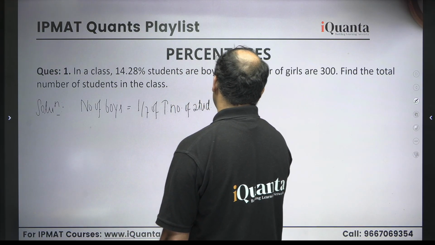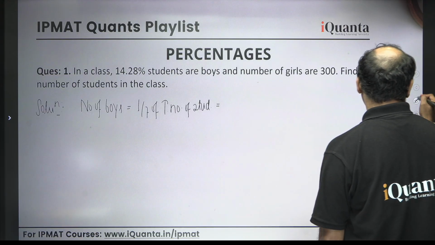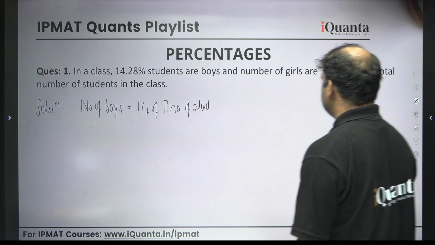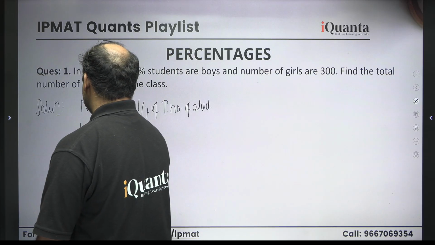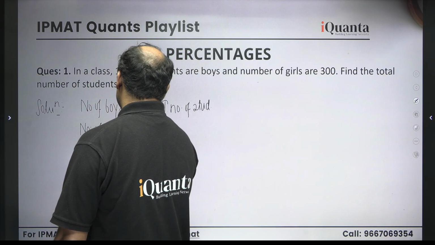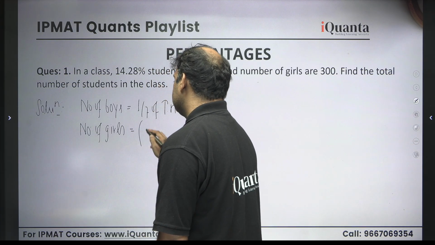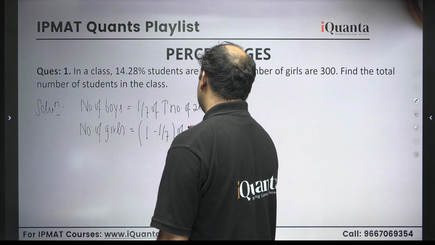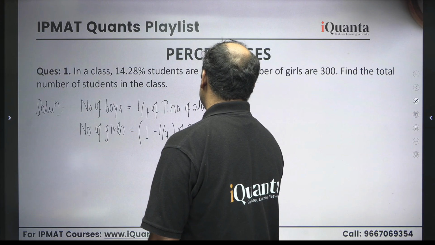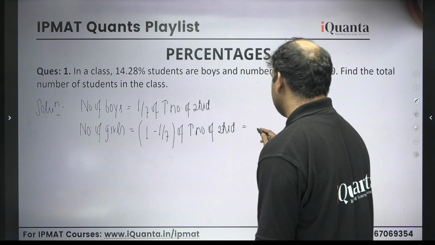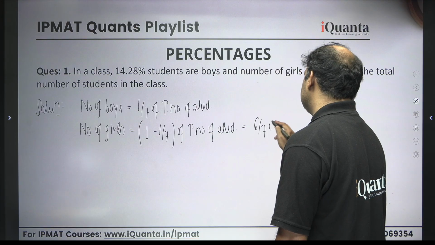Now, if the number of boys is 1 by 7, what about the number of girls? As I said, the sum of the fractions is always 1. So what should be the fraction of the girls? That is 1 minus 1 upon 7 of the total number of students. Now 1 minus 1 by 7 is 6 by 7 of the total number of students.